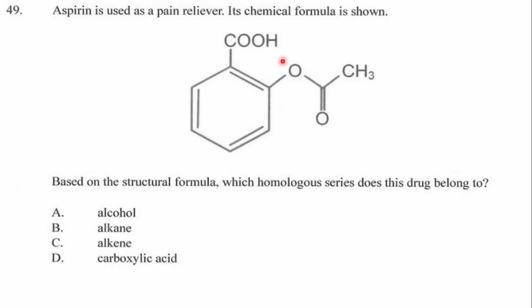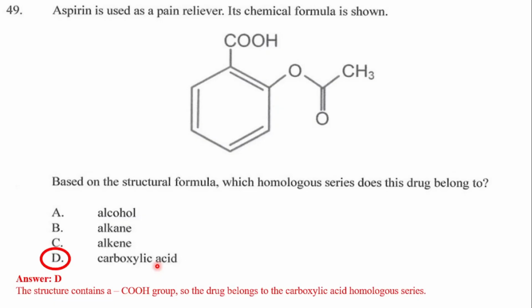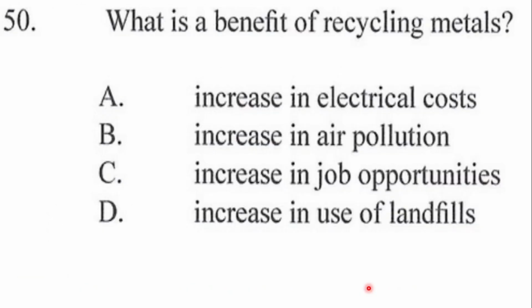Well, the correct answer is definitely going to be carboxylic acid, because the structure contains a COOH group. So the drug belongs to the carboxylic acid homologous series.